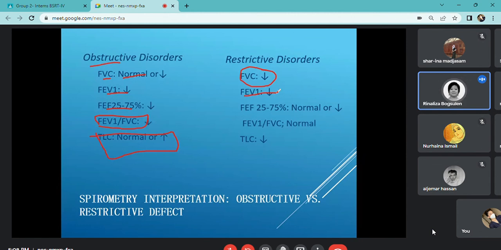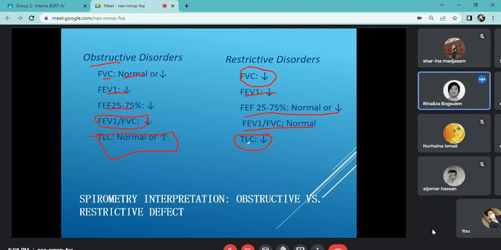FEV1, I should say, is decreased. Flow rates mo are normal or decreased. FEV1 over FVC ratio is normal. TLC or other lung volumes and capacities are all decreased in your restrictive disorders.